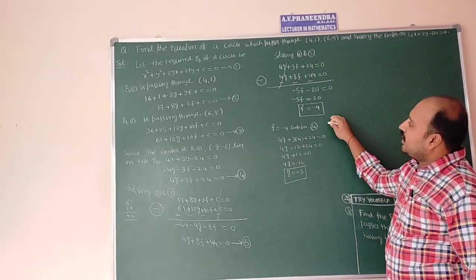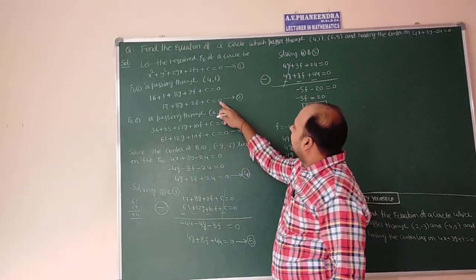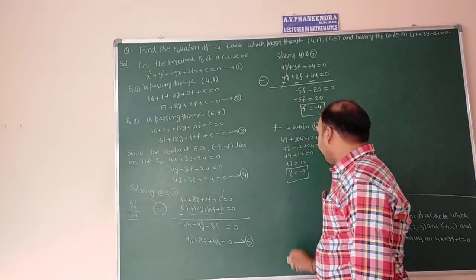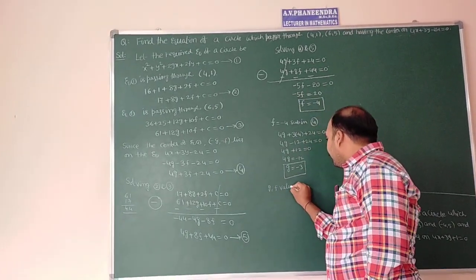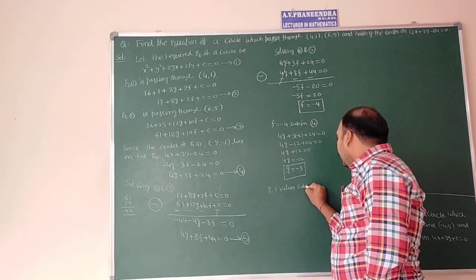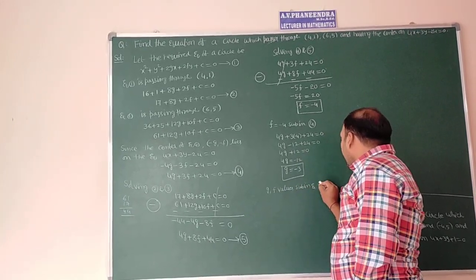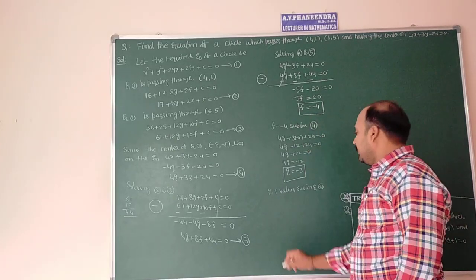G comma f values substitute in equation 2 to get the value of c.